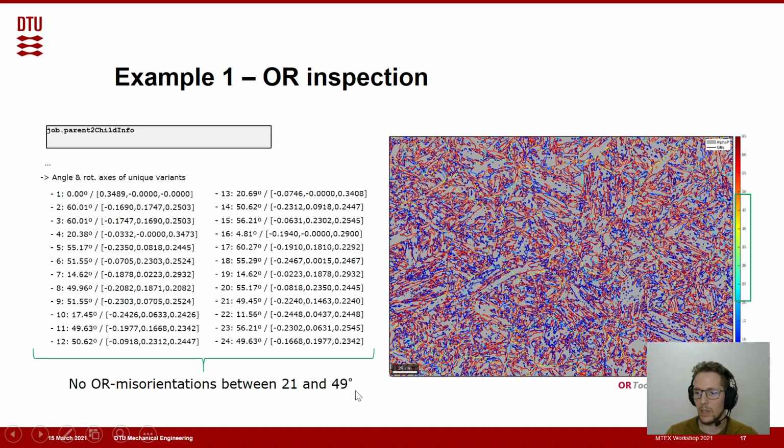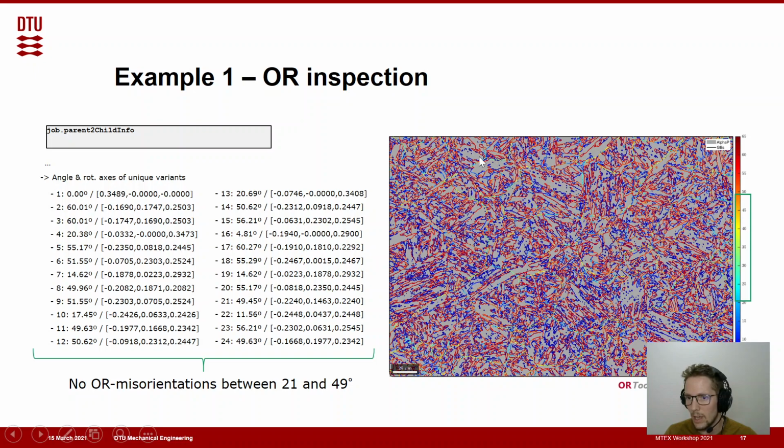And now let's have a look at the plot of the boundary misorientation for all the martensitic grains. We can see here the angular misorientation at the boundary. And there's this region here that is not represented in the orientation relationship, which goes from light blue to orange.